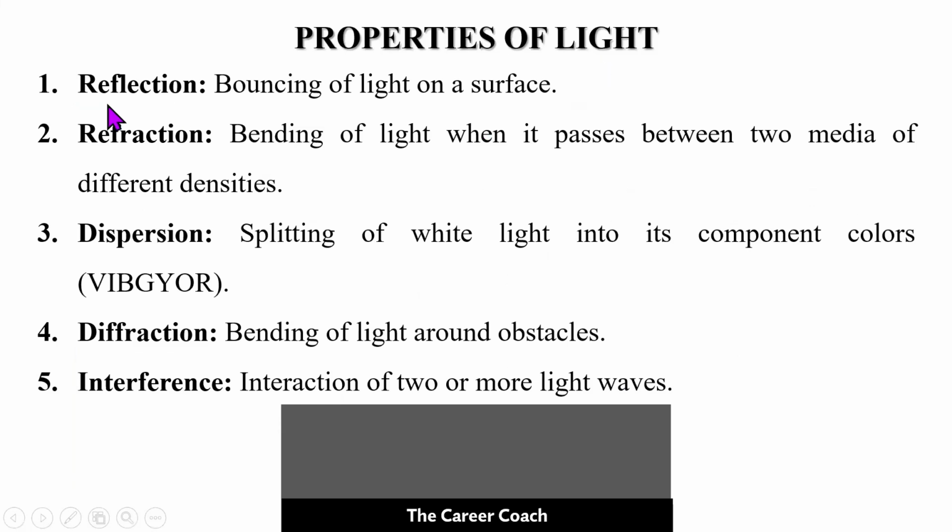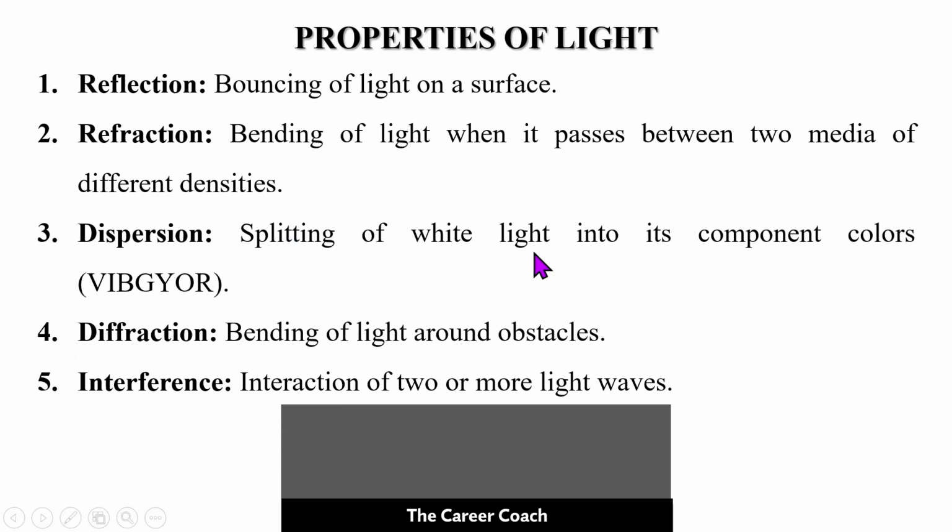Properties of light. One of the properties of light is reflection. Reflection means bouncing of light on a surface. The second one is refraction. Refraction means bending of light when it passes between two media of different densities. Third one is dispersion.